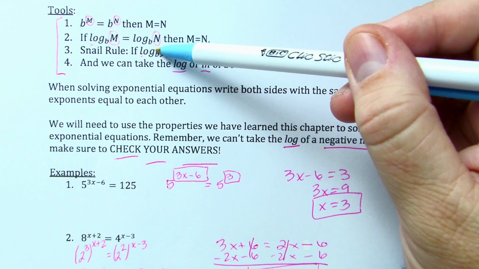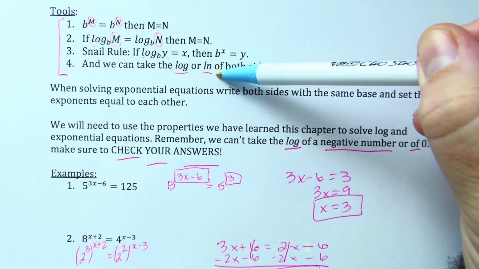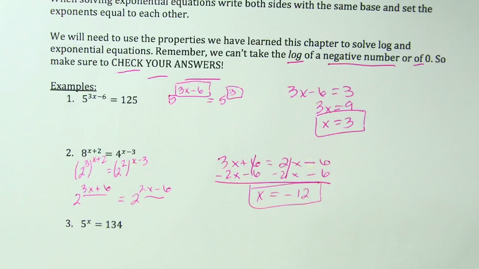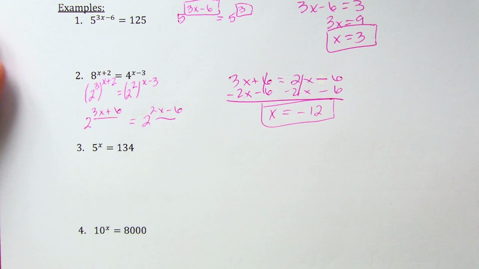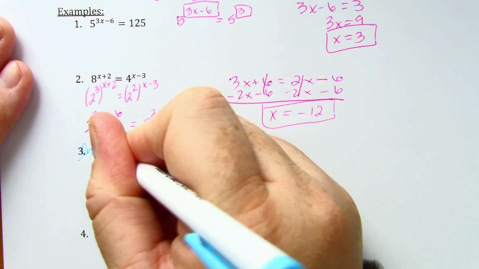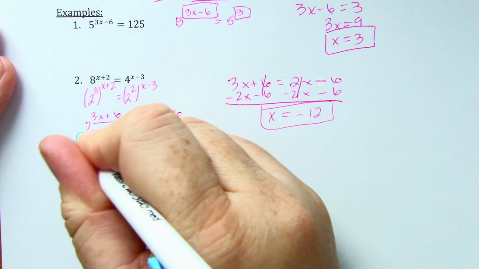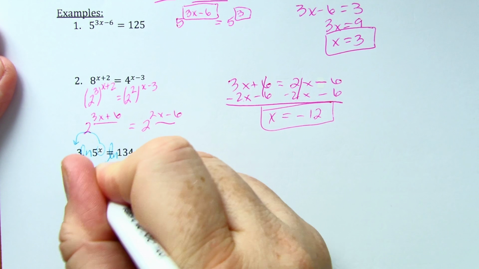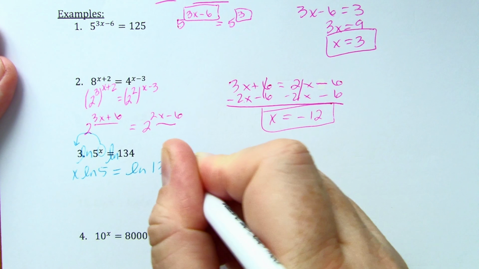I don't have a log at all, so the Snail Rule is not going to help me. But we can take the log or the natural log of both sides. So I'm going to go ahead and do that. Just for the sake of practicing natural log, I'm going to take the natural log of both sides. And when I do that, that x can come out front. So I have x natural log of 5 equals the natural log of 134.